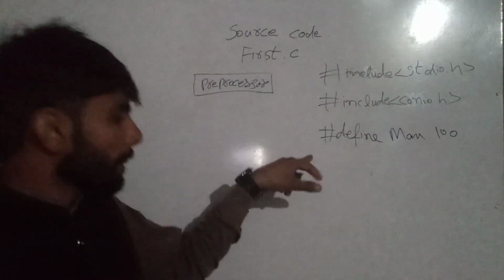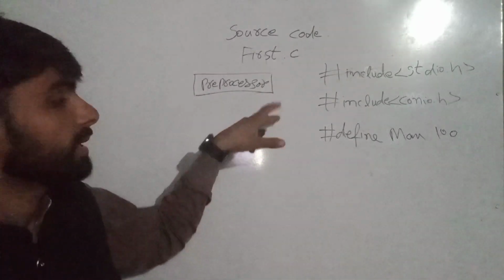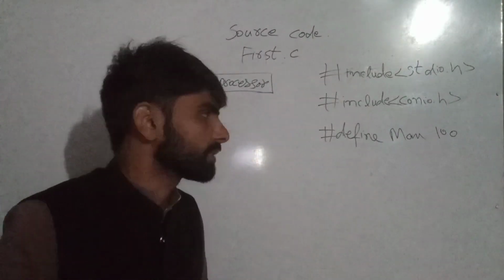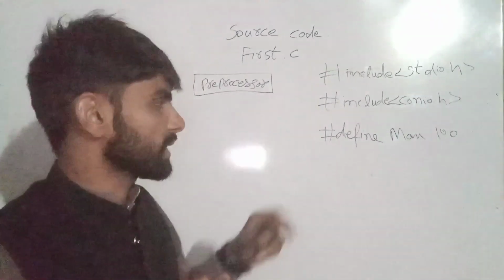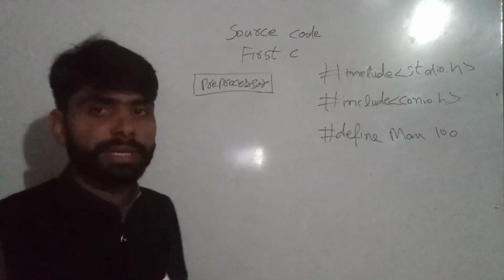You write the program, and these first lines start with a hash. These are preprocessor directives. Why are these preprocessor directives used?